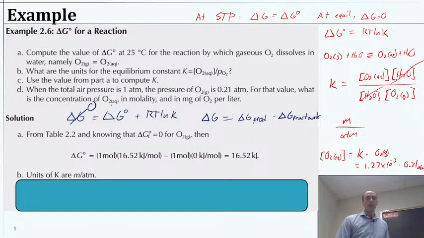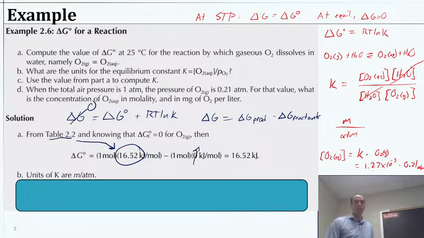And I think this is coming from a lookup table. So if you were getting stuck at what this value is, we'll just say that's coming from the table. I should have given that to you. But what we see here is that since delta G for formation of oxygen gas is 0, this term is 0, so it just becomes the delta G for the oxygen aqueous system.